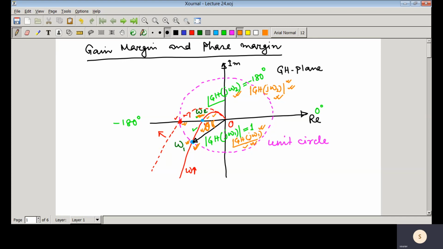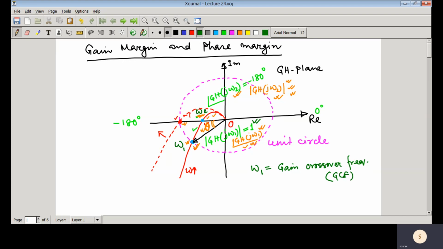So that theta is actually known as the phase margin, and the reciprocal of this gain is called the gain margin. And the frequency omega 1 is the frequency where the magnitude of the Nyquist plot is equal to 1. This is called the gain crossover frequency, abbreviated as GCF.